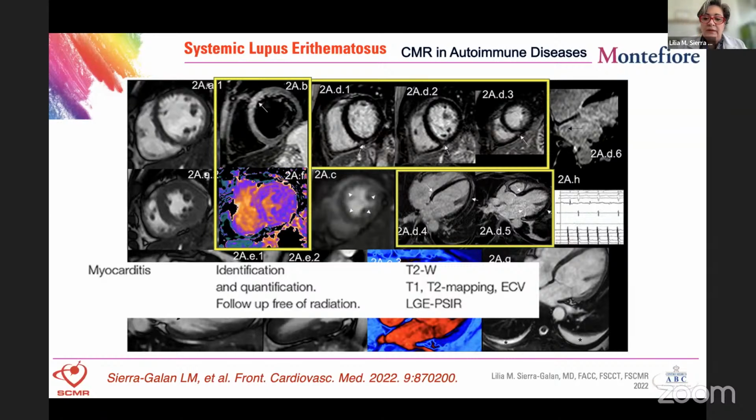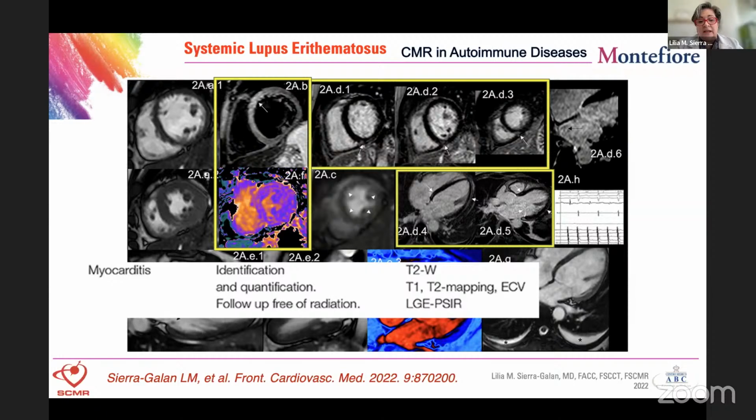And with that, we can consider that maybe there is a component of inflammation there too. And for the perfusion, we're going to see here the typical subendocardial ring perfusion defect that is consistent with microvascular dysfunction.